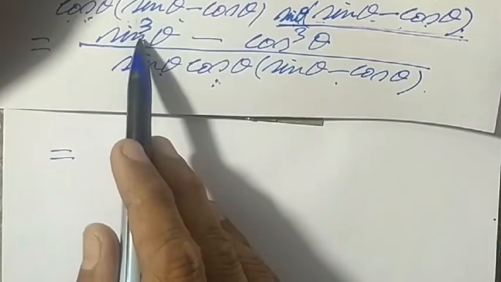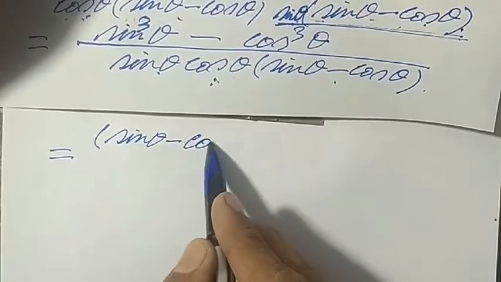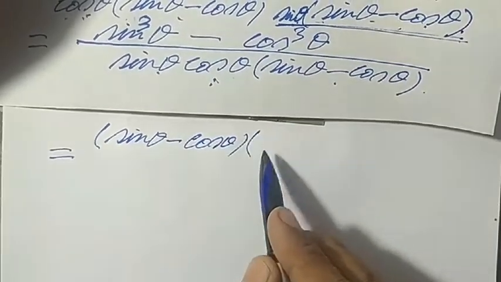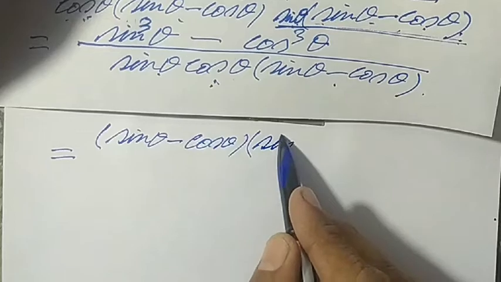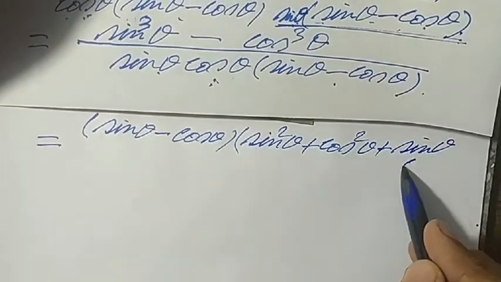Now proceeding from this step, this is in the format of a cube minus b cube. So using the formula a cube minus b cube, we may write it as sine theta minus cos theta into sine square theta plus cos square theta plus sine theta cos theta, because a cube minus b cube is equal to a minus b, bracket a square plus b square plus ab.